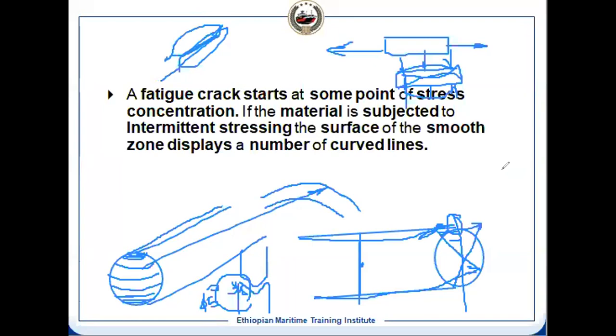Wherever there is stress concentration, like a keyway, the stress concentration will be high, so there will be a fatigue failure. Suppose that a shaft has a bend, it will have cyclic loading though it is rotating, so it will fail at that point. Wherever there is stress concentration, the crack will develop there, and suddenly it will fail.